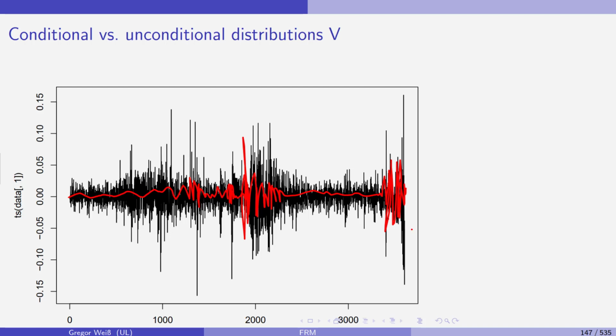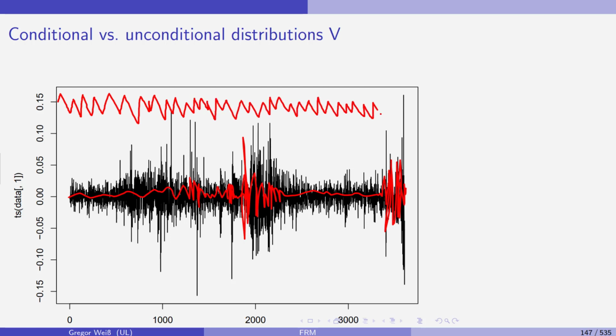So what you can see is this would be an unconditional distribution. You have no trend, you have the same amount of volatility over time. And this here is definitely not an unconditional distribution because you have time-varying volatility and you need a conditional model. Okay.